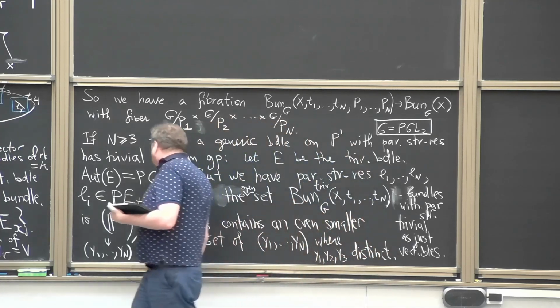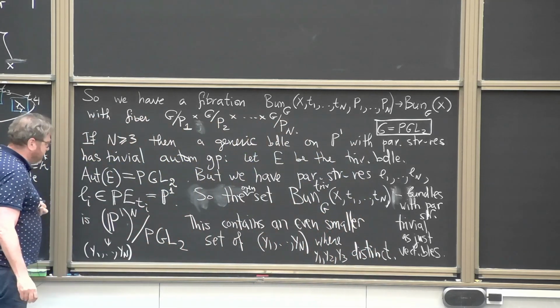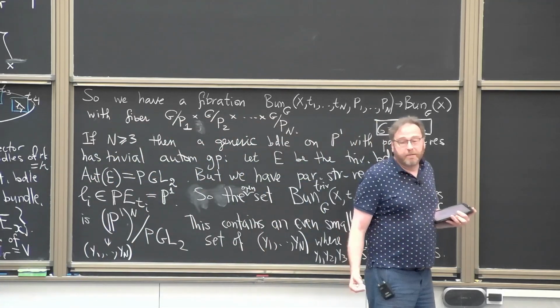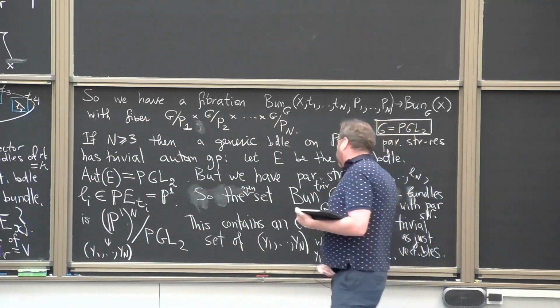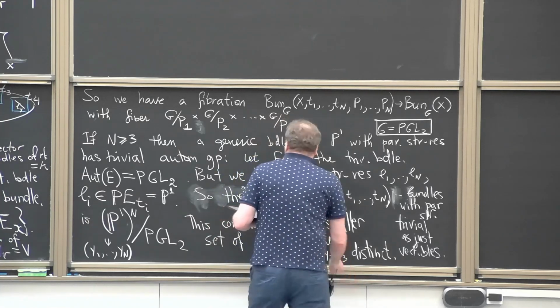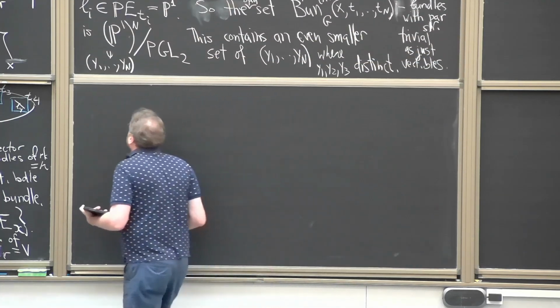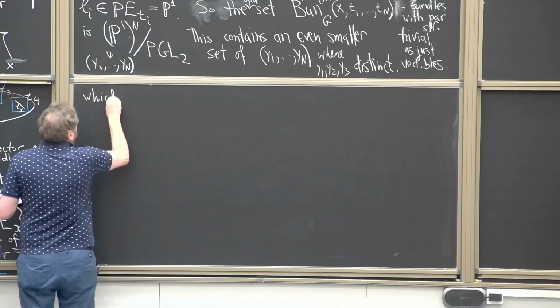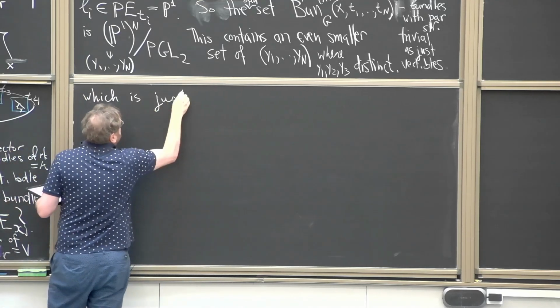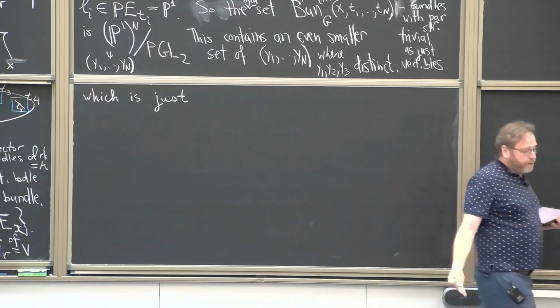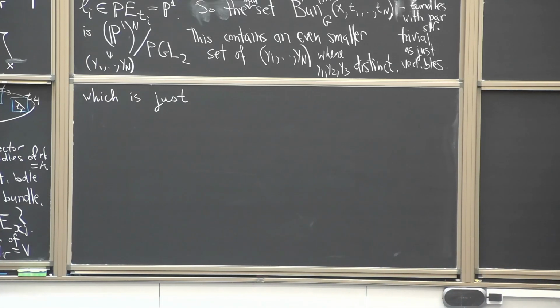And it is well known that PGL2 acts simply transitively on triples of points on P1 which are all distinct. So there is a well-known theorem that if you have 3 points on P1 which are all distinct, there is a unique element of PGL2 that maps them to 0, 1, and infinity.